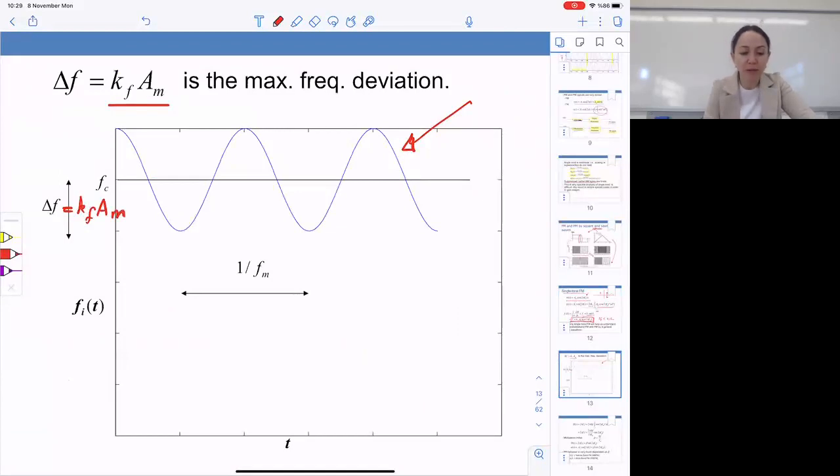So our instantaneous frequency varies around f_c, the frequency of the carrier, by plus or minus Δf. And the period of this variation is 1 over f_m.